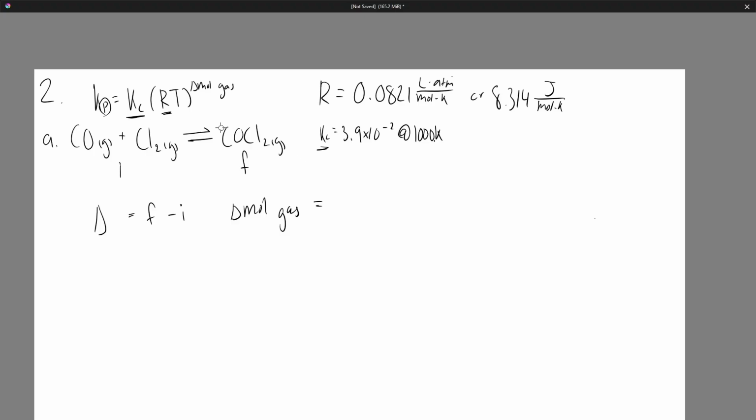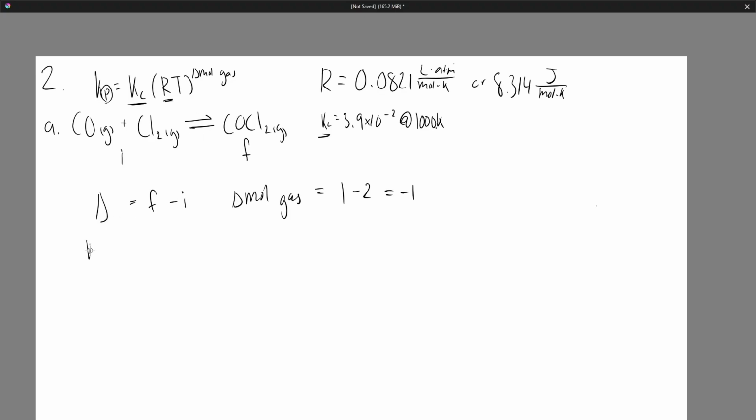On the products, there's only 1 mole of this, and on the reactants, there are 2 moles. See, 1, 2. So 1 minus 2 equals -1. So our exponent here is going to be -1.